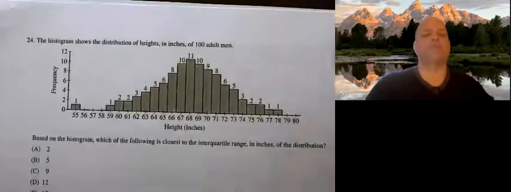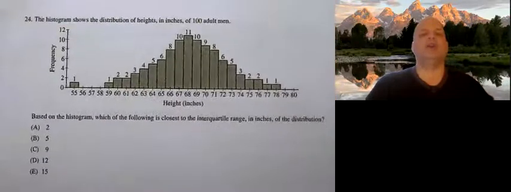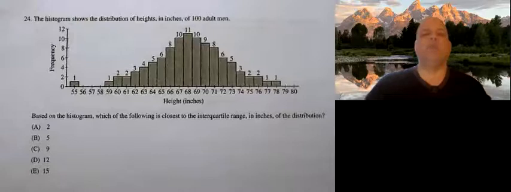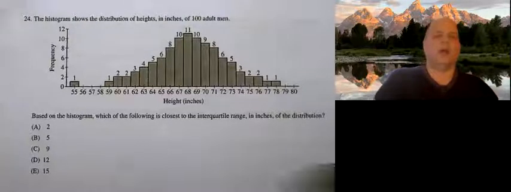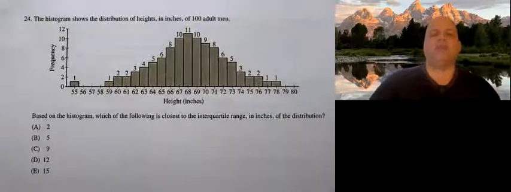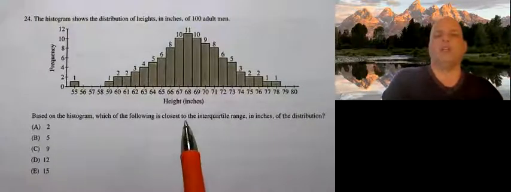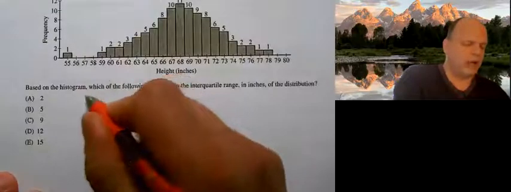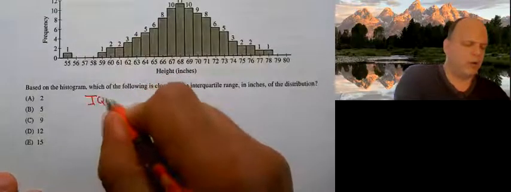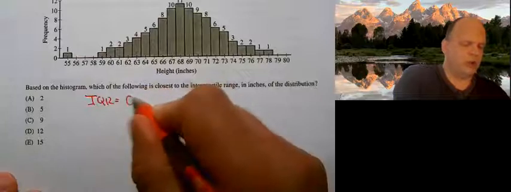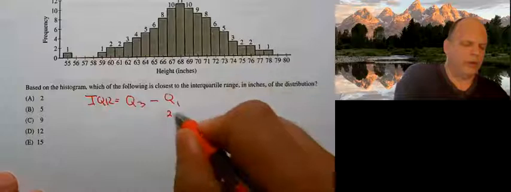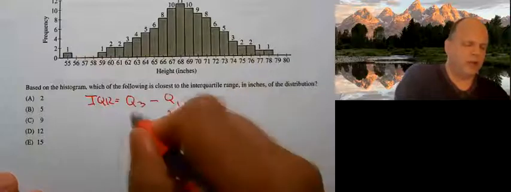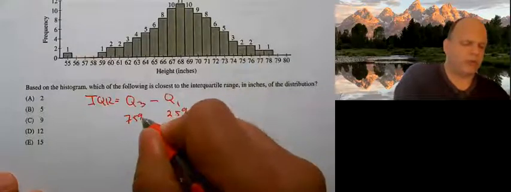Number 24. The histogram shows the distribution of heights of 100 adult men. Based on the histogram, which is the closest to the interquartile range in inches of the distribution? Well, remember, IQR equals Q3 minus Q1, where this is the 25th percentile and this is the 75th percentile.